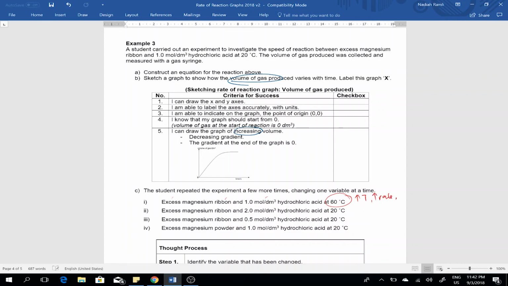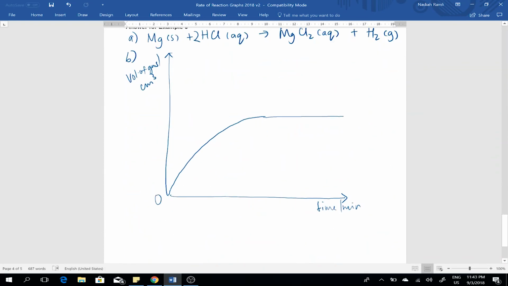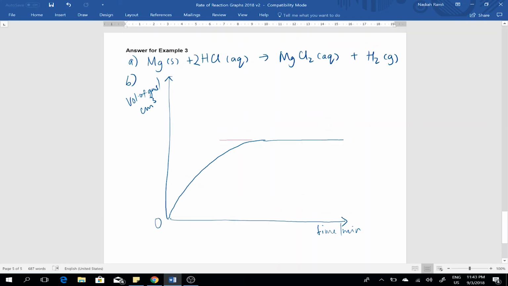gradient will be steeper. Okay, so again, if you increase your rate, you will end earlier. So here goes. Alright, it ends earlier.